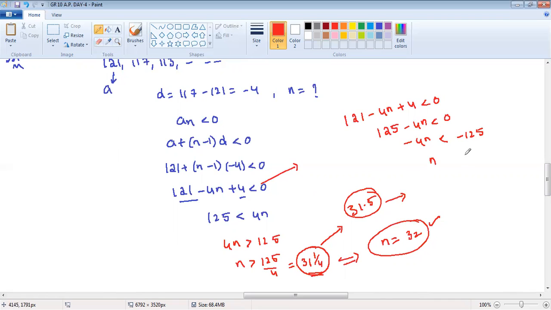When you are taking out minus 4, it becomes minus 125 by minus 4. But when you are taking out minus 4, you are shifting the minus. So in the case of less than or greater than, these are called inequalities. So remember, when you multiply with the negative or when you divide with the negative, less than changes to greater than and greater than changes to less than. So this is important. You should not make a mistake in this area also.